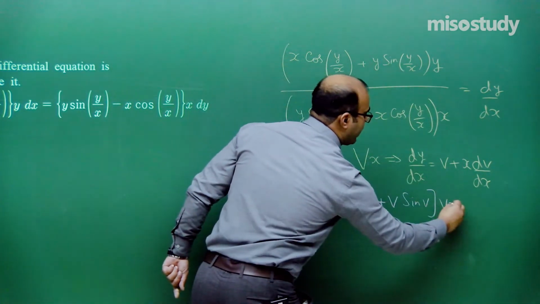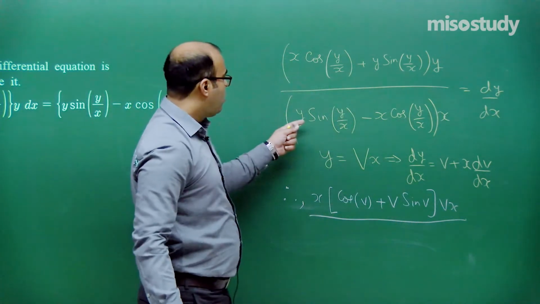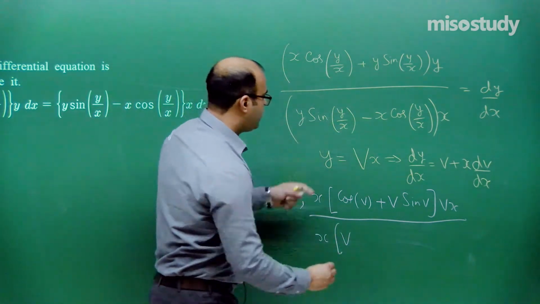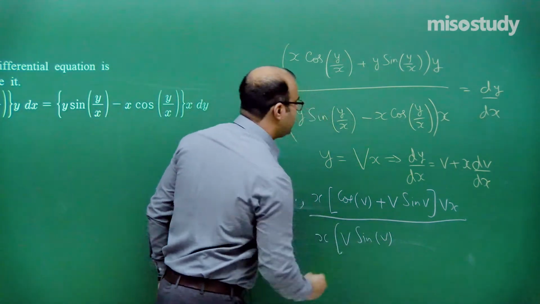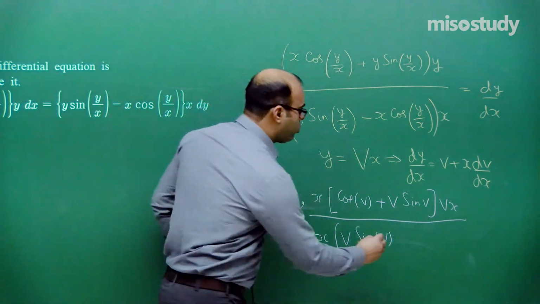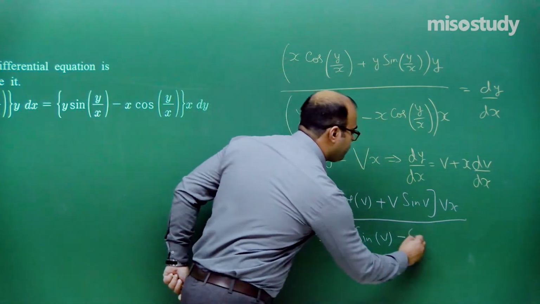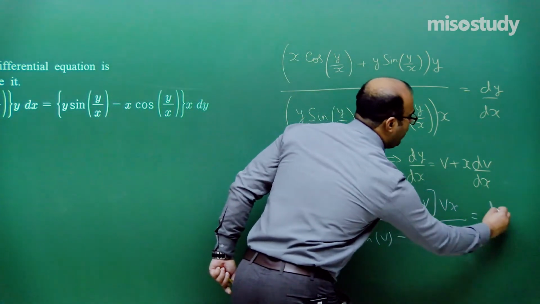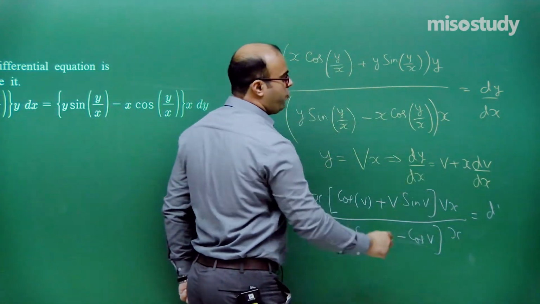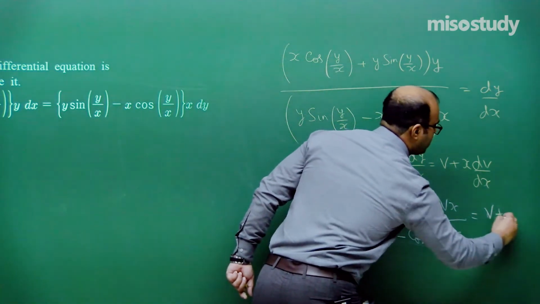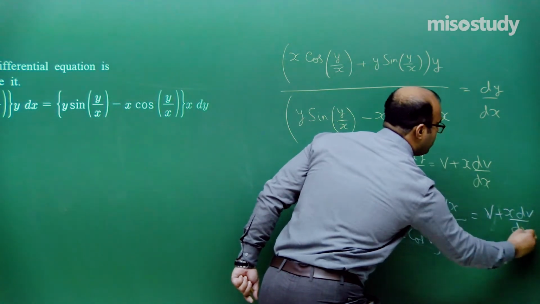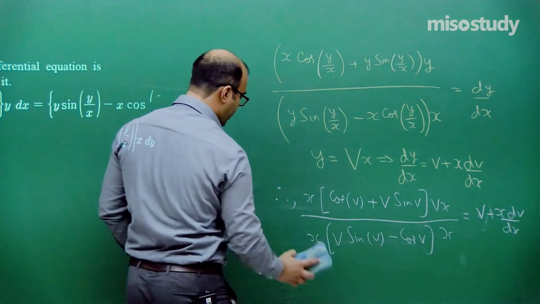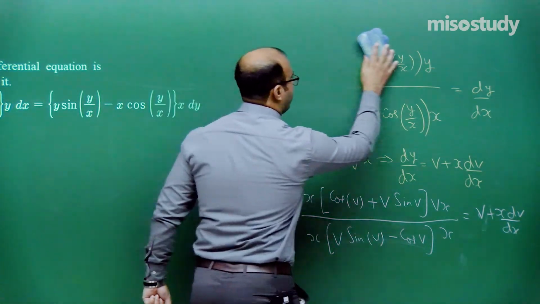Y is again Vx here, divided by, y is Vx, so v comes here and x goes outside, sine of v again as y by x is v, minus x, x has already come outside, so minus cos of v, and outside we have x, so we will write it as x is equal to dy by dx will now be written as v plus x dv by dx. So after doing this substitution, y is equal to Vx, we get the differential equation, which is this one.